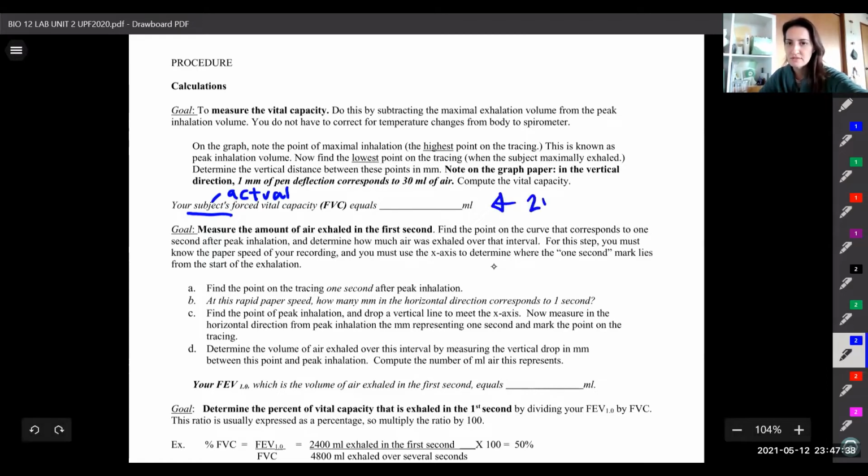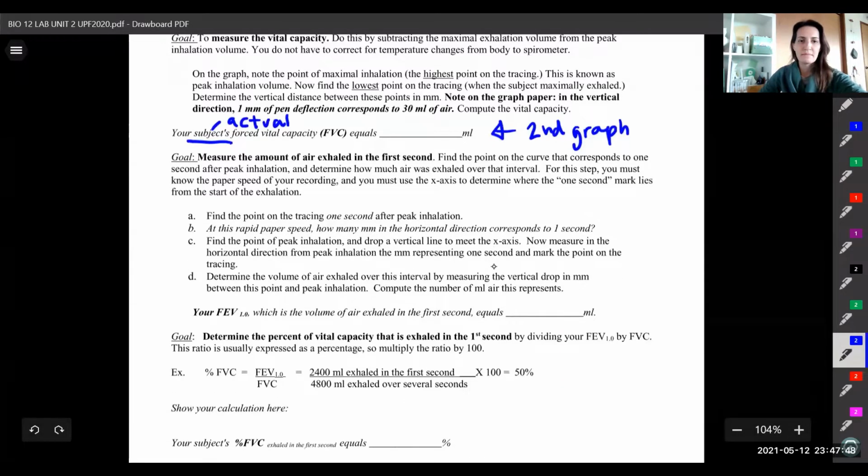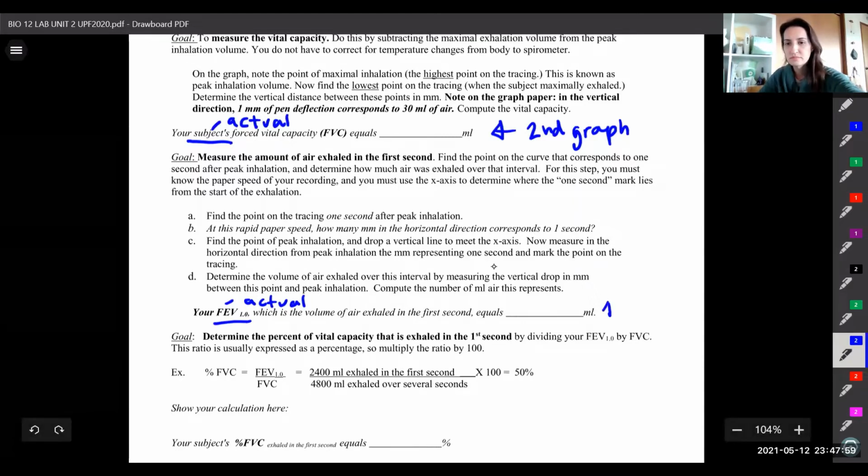So this is from the second spirometry graph. All right. And then same thing here for actual, that bottom graph, you're going to write down the FEV1 volume. That's also a second graph.